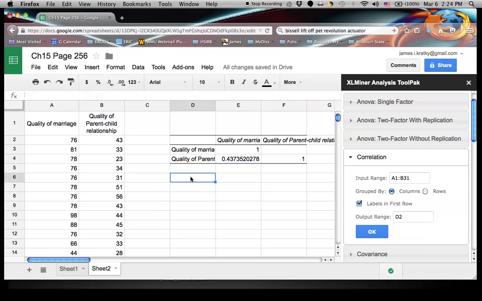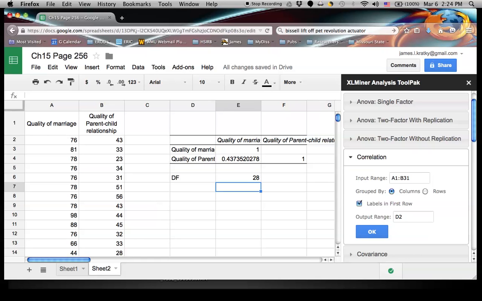Now for the degrees of freedom, there are 30 pairs of data values, and for this particular correlation coefficient situation, we take that 30 and subtract 2 away from it. And that gives us a degrees of freedom of 28. So when you do your homework assignment for chapter 15, your degrees of freedom is your number of data pairs minus 2. That's how we get our degrees of freedom.